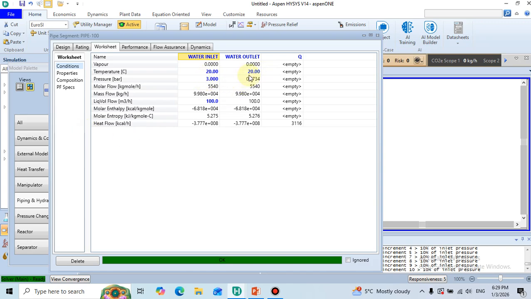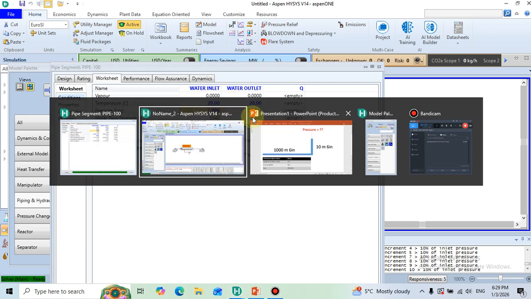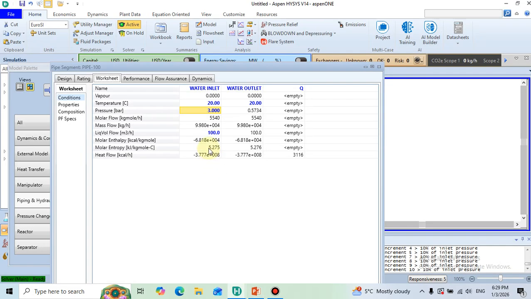At a constant temperature, with 100 cubic meter per hour of water in the liquid state, the inlet pressure is 3 bar, and as it passes through this pipe system, which is drawn right here, 1,000 meter horizontally and 10 meter vertically, we have the outlet pressure of 0.5 bar.